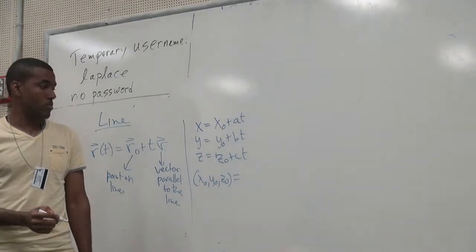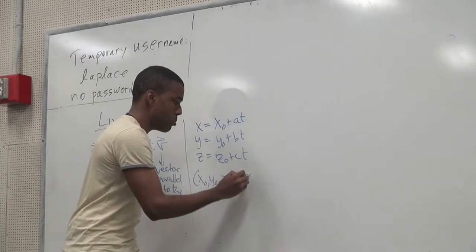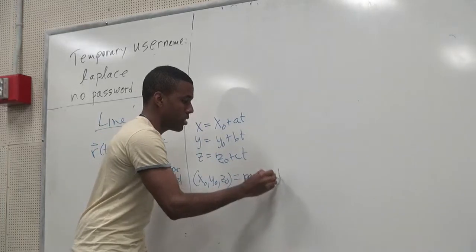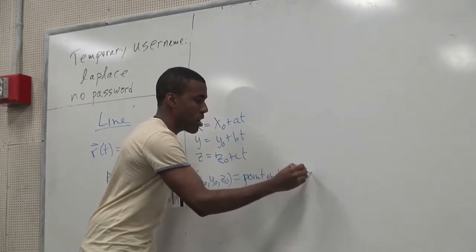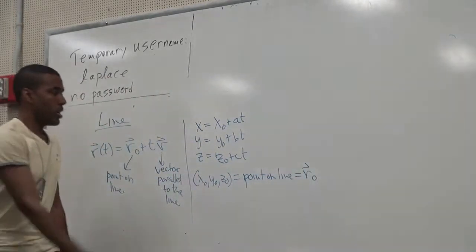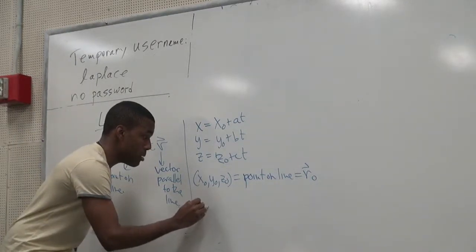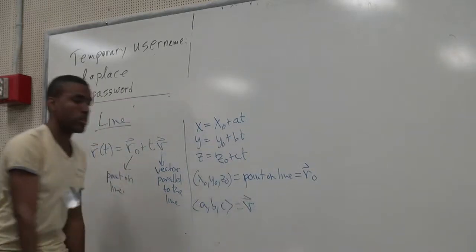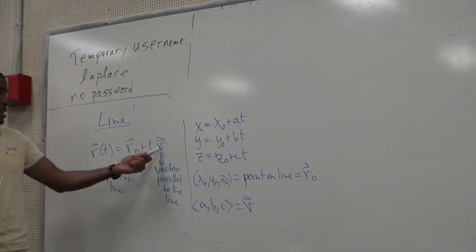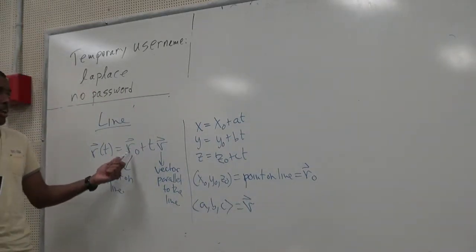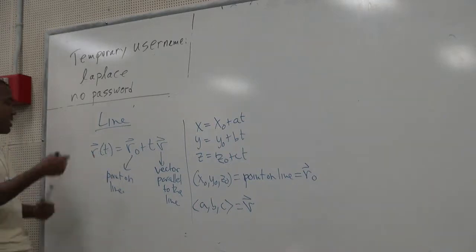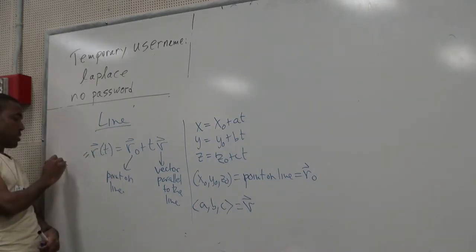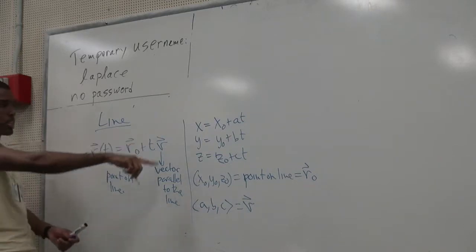This is the point on the line. Right? This is your r naught. And what's a, b, c? The direction vector. So if you write the v as a, b, c and this as x naught, y naught, z naught, you can plug these in. And this guy you can think of as giving the position of a random point on the line. Then you can get to this.